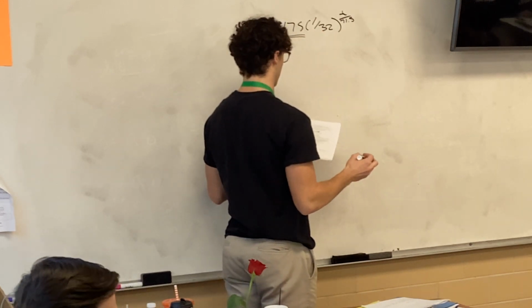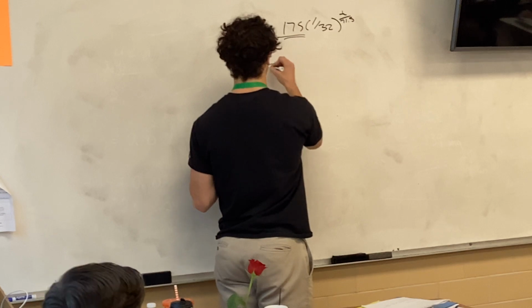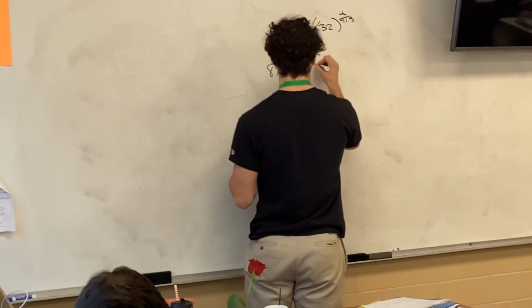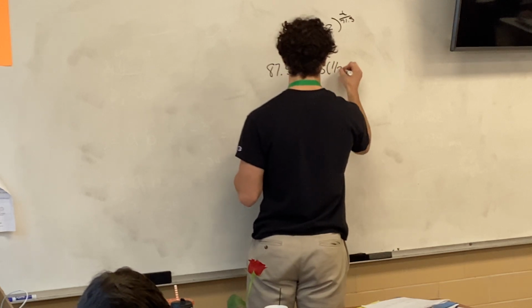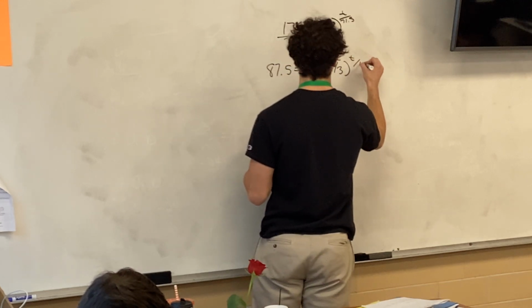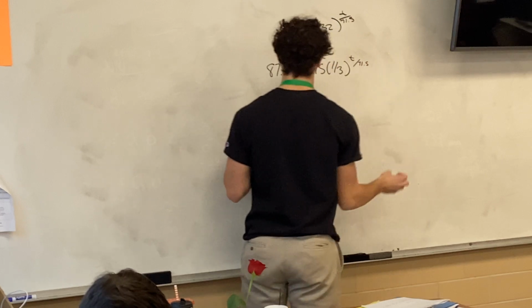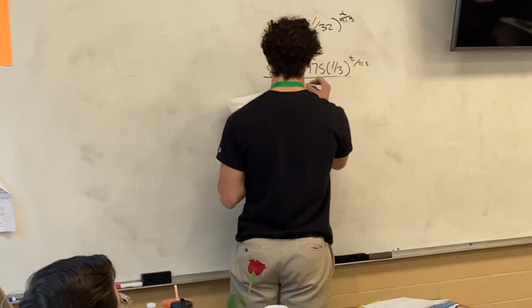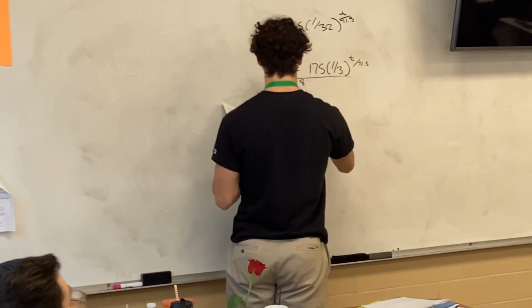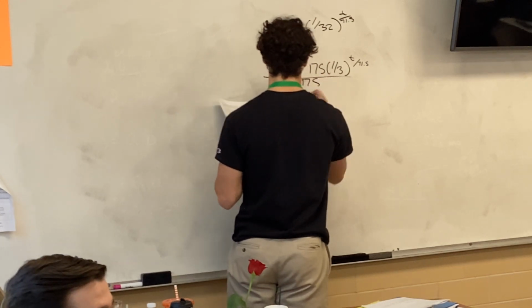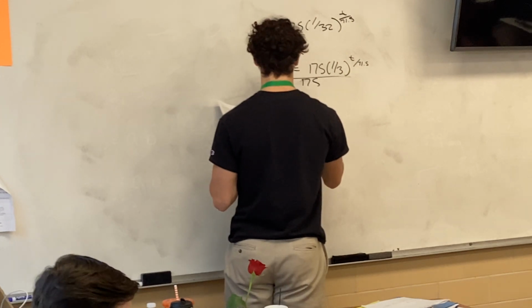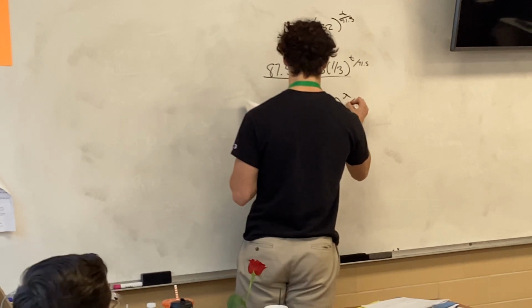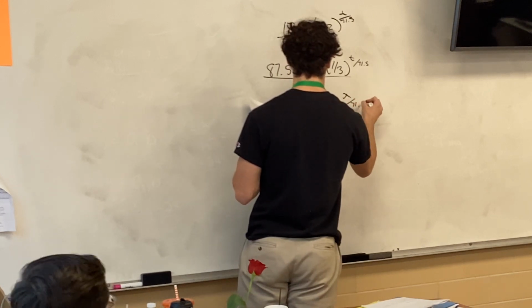So you want to plug back in a half of this, which is 87 and a half, to equal this equation, and then I divided by 175.5 equals 71.5.